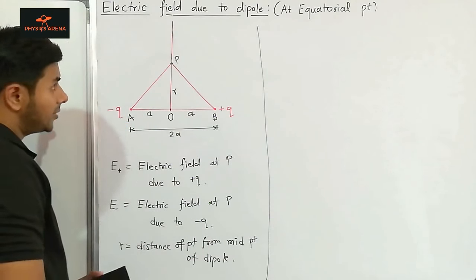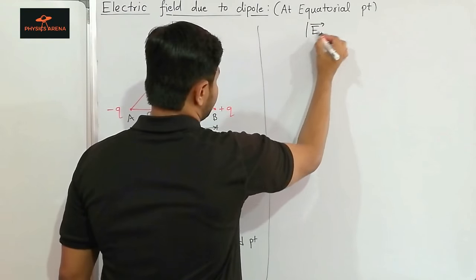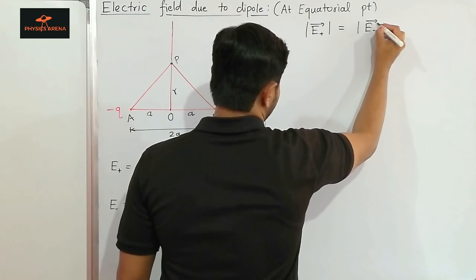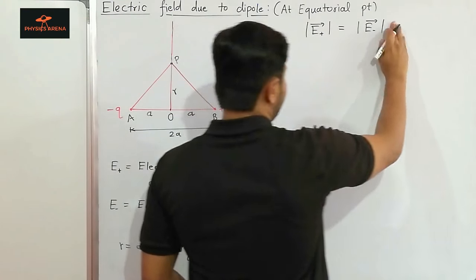So I can say that the magnitude of E plus bar equals the magnitude of E minus bar, and let's call it E.